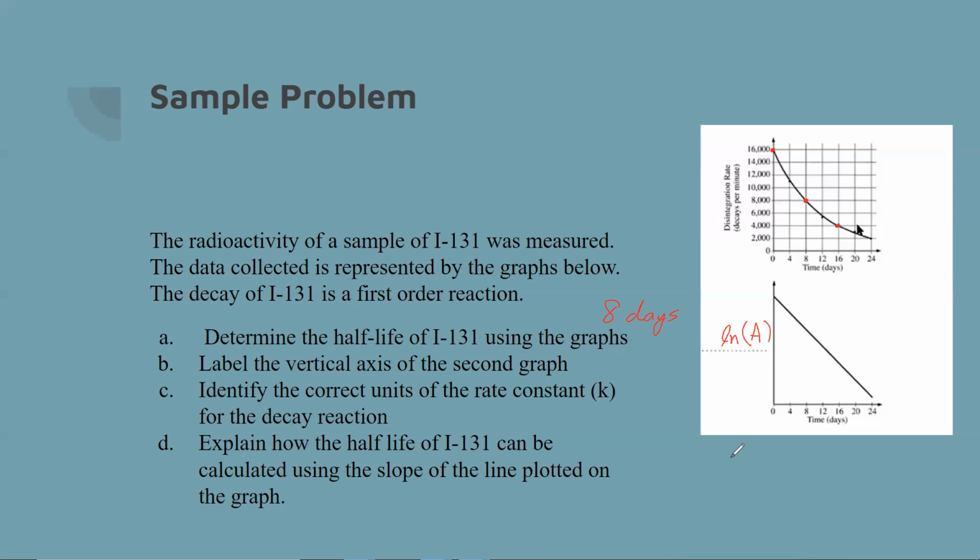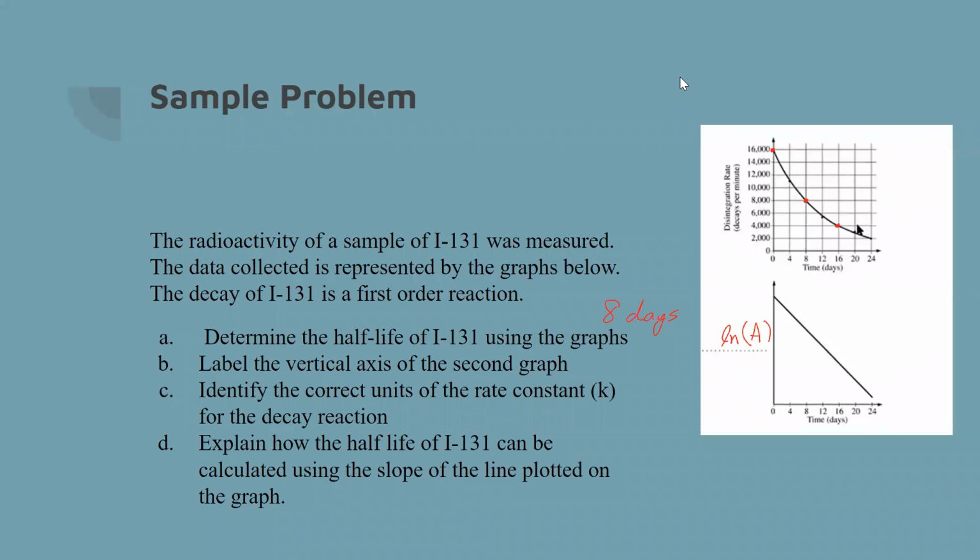C asks you to identify the correct units of the rate constant K for the decay reaction. Once again, when you look at the chart I gave you for the proper units of K for different orders of reactions, you're going to see seconds to the negative first next to first order.